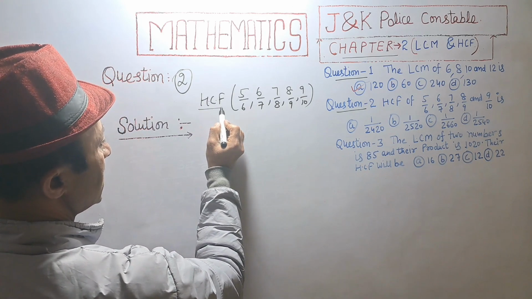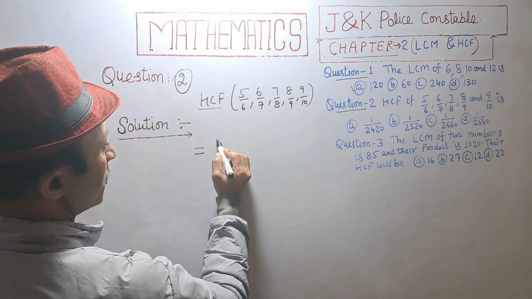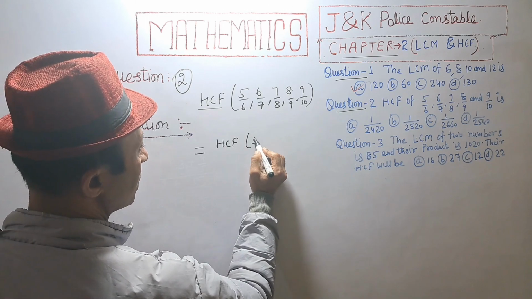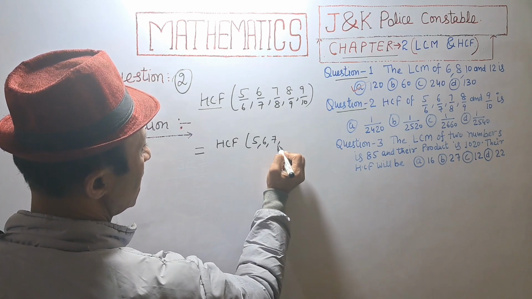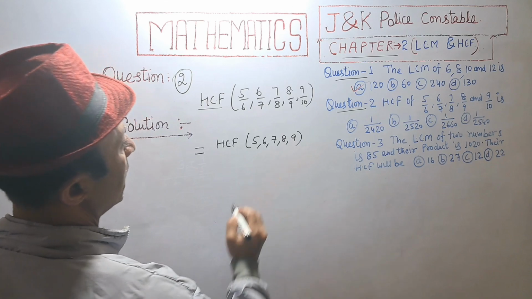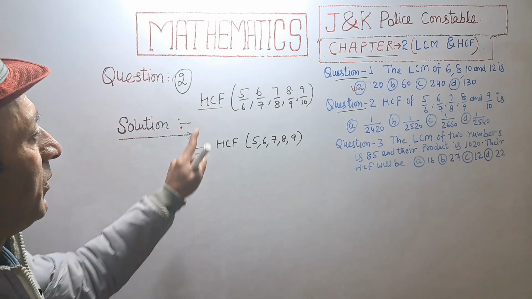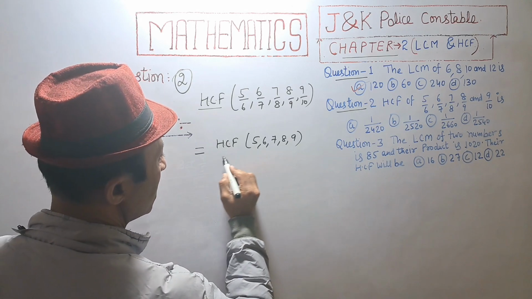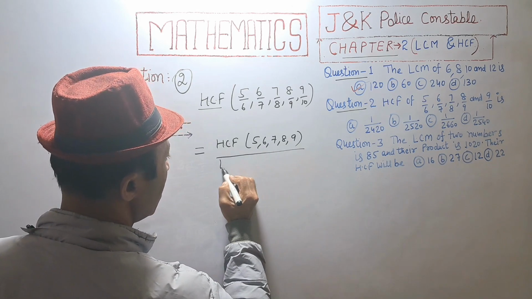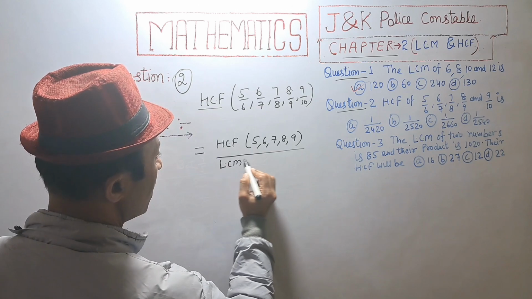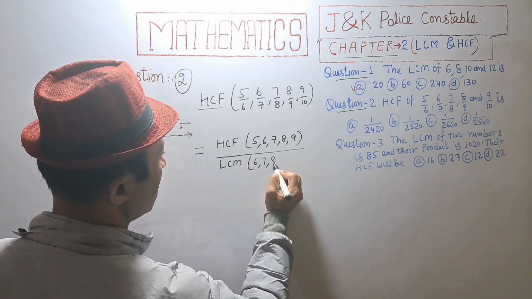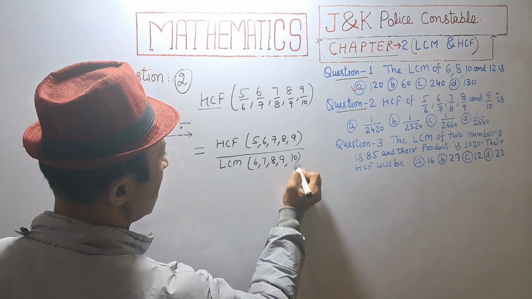We find HCF, that is equal to HCF of numerator, that is 5, 6, 7, 8 and 9. When we find HCF, then HCF of numerator divided by LCM of denominator, that is 6, 7, 8, 9 and 10.